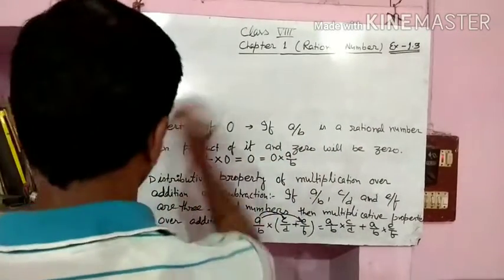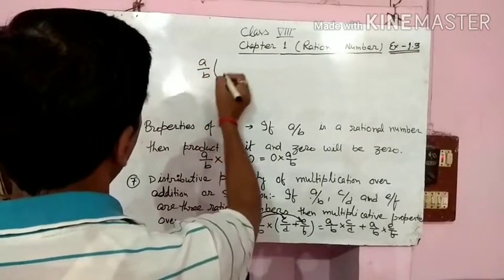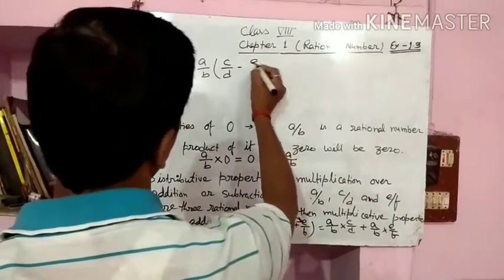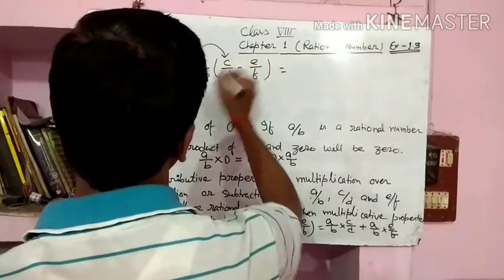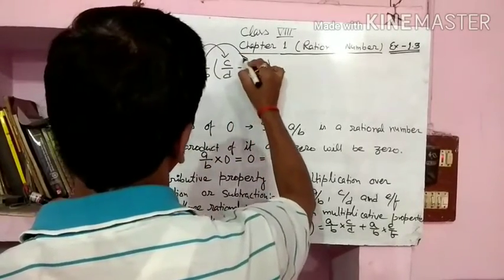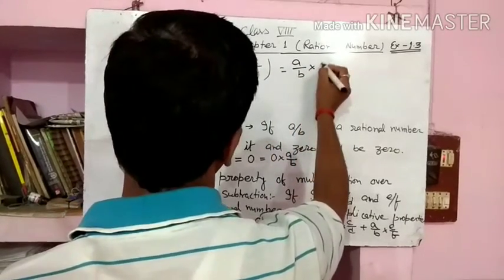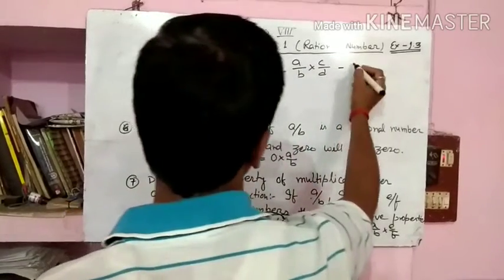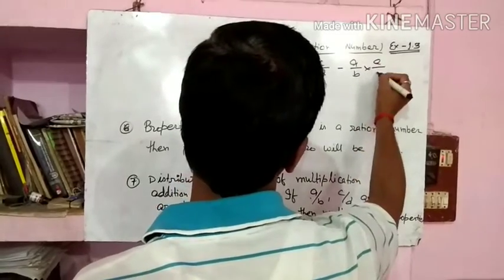It's saying that suppose a number is written like A by B into C by D minus E by F, then A by B is firstly multiplied with the first term and then multiplied with the second term, so it will be A by B into C by D minus A by B into E by F.